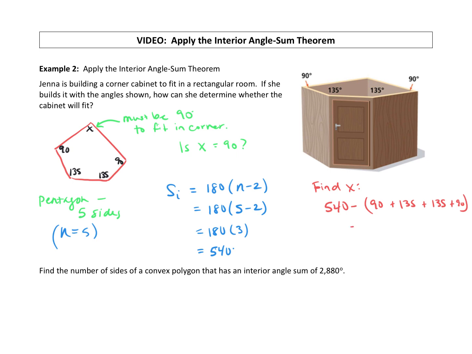When we do that math, this is what X will equal, right? This angle, X, is equal to the total 540 minus the 4 that we know. When you do that math, you do get 90 degrees for our angle X. So because X is 90, yes, the cabinet will fit.